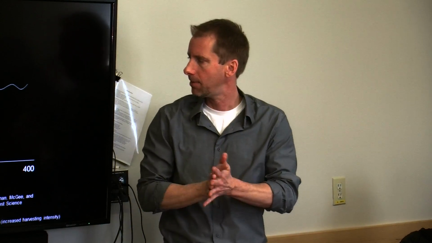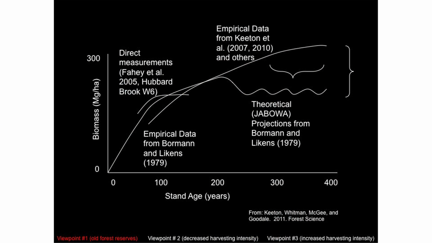Okay, so then what this research allows us to do is to go back and revisit some of those stand development models that have been around for a long time. Like this one that many of you might be familiar with. It's the old Bormann and Likens model that was produced at Hubbard Brook back in the 70s that predicted this initial peak in biomass followed by a decline and then these theoretical steady-state dynamics.